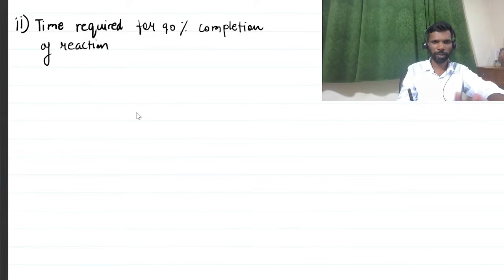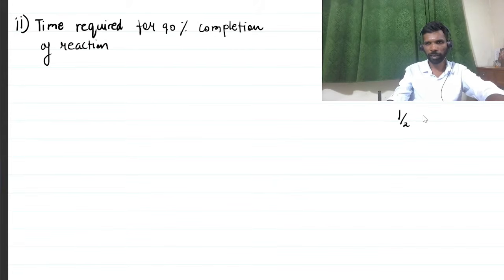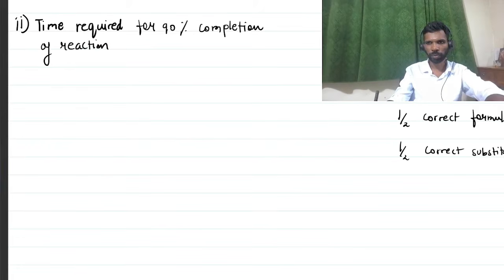Okay, first I'll write the formula. See, whenever you solve any numerical, there are half marks for writing the correct formula, half marks for correct substitution. In between, there are no marks.